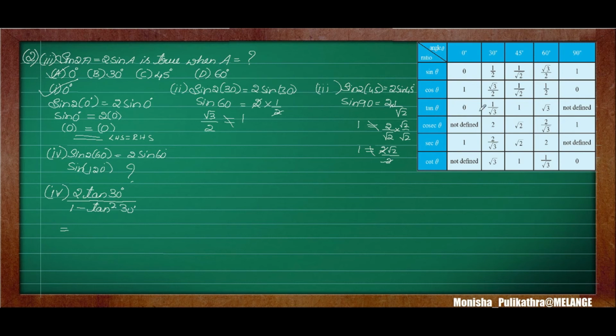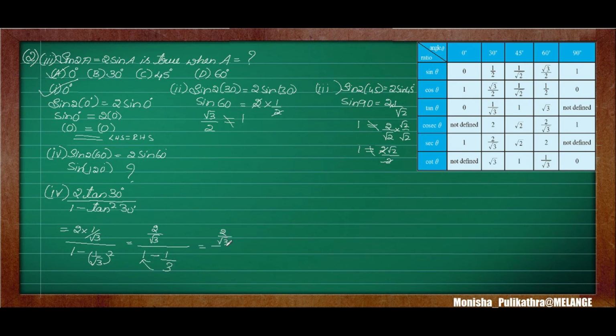Tan 30 is 1 by root 3. So 2 into 1 by root 3, divided by 1 minus tan square 30, which is 1 by root 3 whole square. So 2 into 1 by root 3 will be 2 by root 3, divided by 1 minus 1 square by root 3 square, that is 1 by 3.